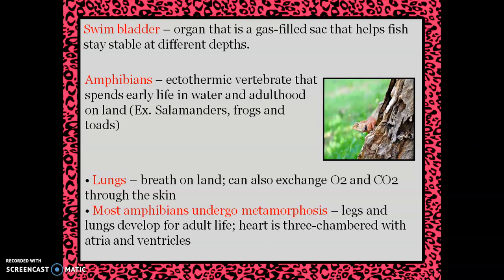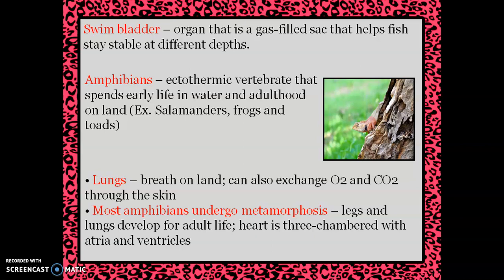Amphibians do have lungs, so they can breathe on land. They exchange oxygen and carbon dioxide through their skin, so they can breathe through their skin. Frogs do that. Most of their gas exchange, though, is going to be through their lungs, but the skin of amphibians is also used for gas exchange.